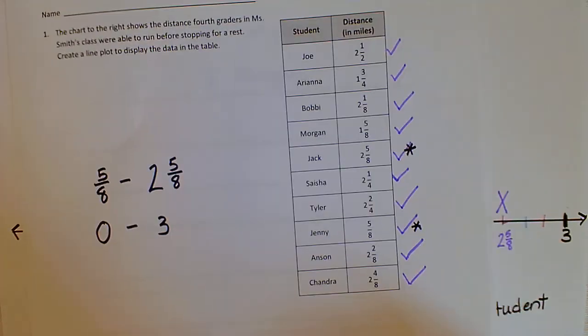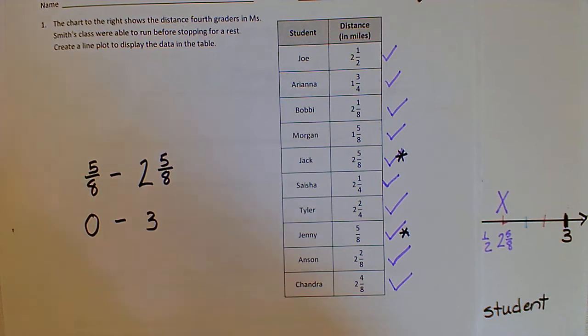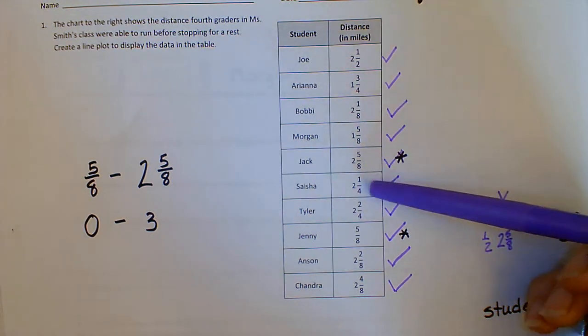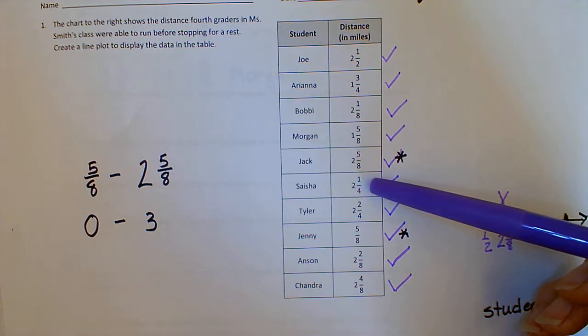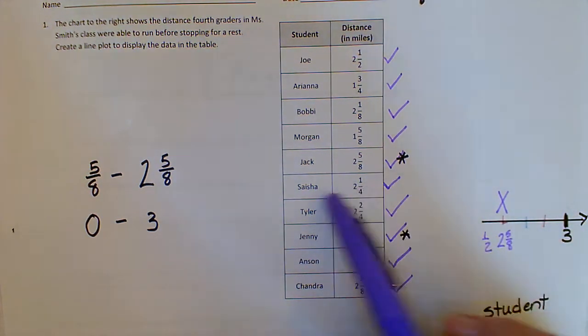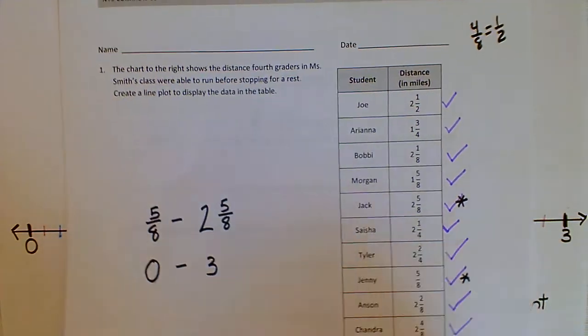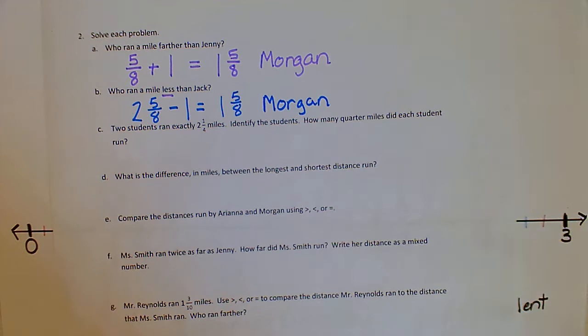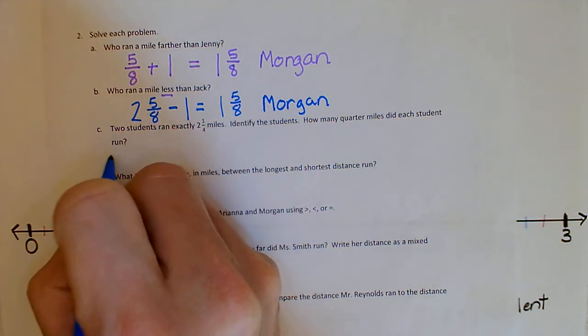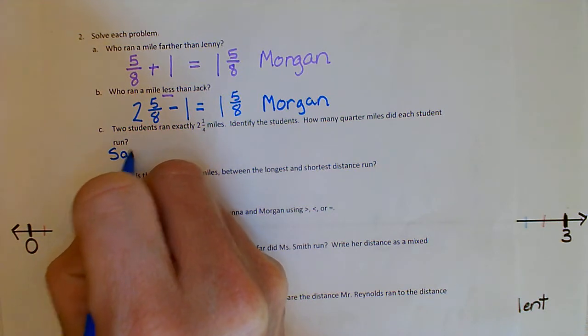Who ran that distance? So let's go and see if we can find anyone who ran 2 1/4 miles. So if I look at this, I have 2 1/2, 1 3/4, I'm skimming down, and here's 2 1/4 miles. But I only see one of those. So let's first write this person down, and that was Seisha. So Seisha ran 2 1/4 miles. And I'm going to put Seisha over here.